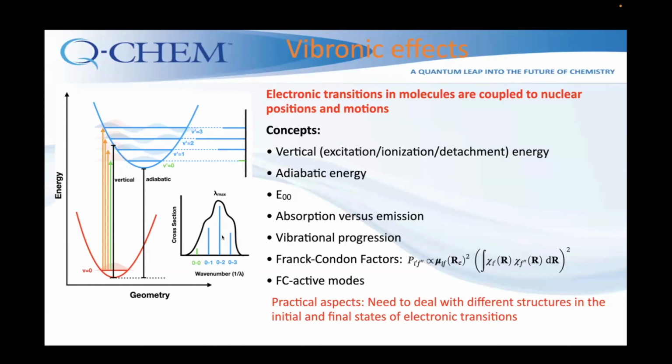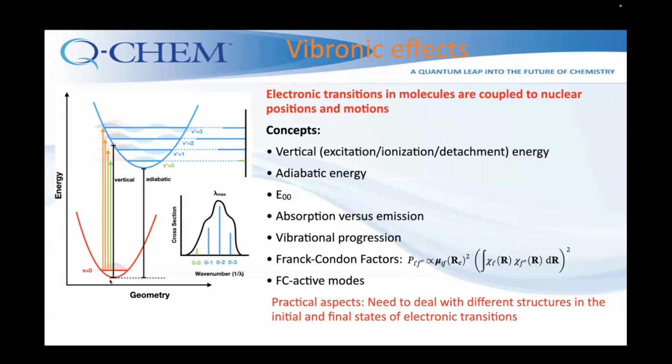So there are a few concepts that we need to be aware of when we talk about electronic spectroscopy in molecules. One is vertical transition, which is a theoretical construct not related to any experimental observable, but very popular, of course, for theorists. This is just the energy difference between ground and excited state at the geometry of the ground state.